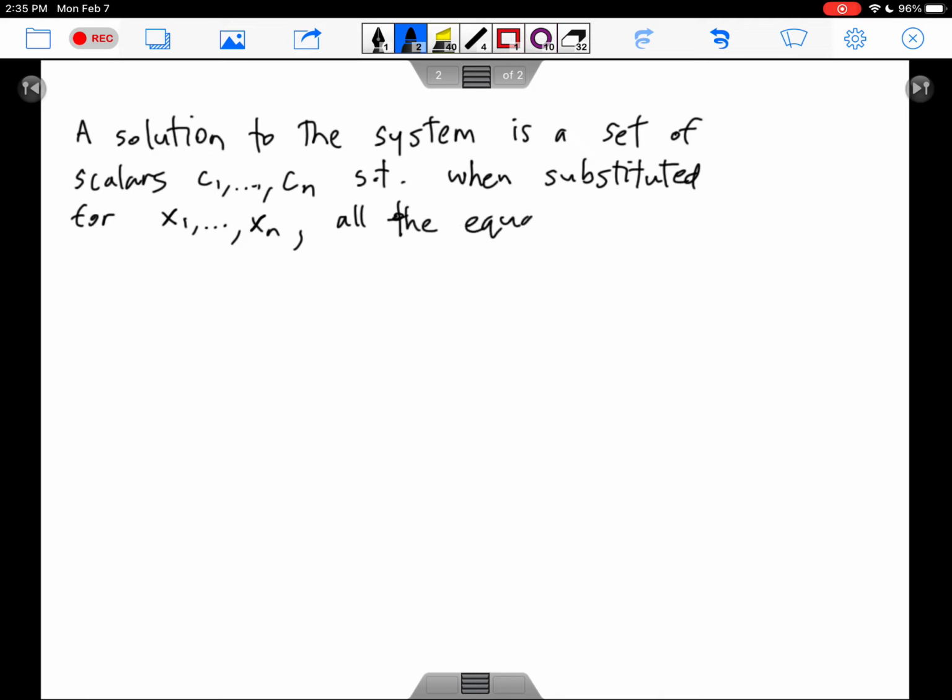In other words, when you replace the x's with those c's, the equations are all true. You guys are familiar with that. That's what it means for something to be a solution to a regular equation, right? It's the same thing for a system.